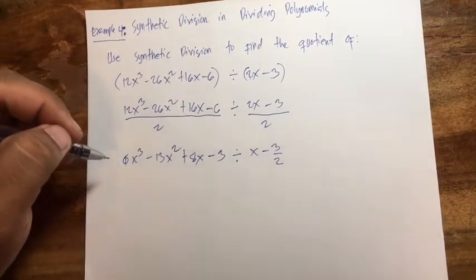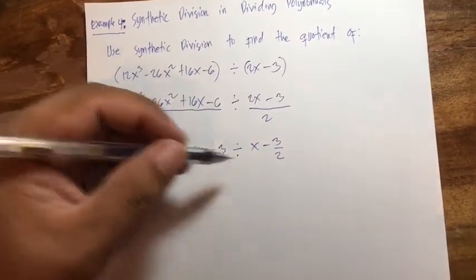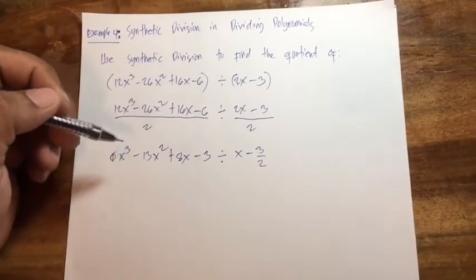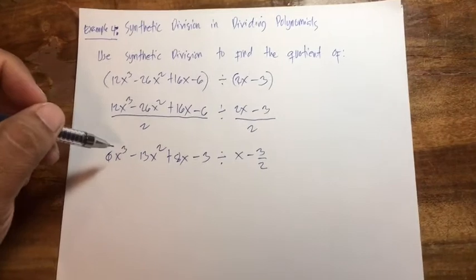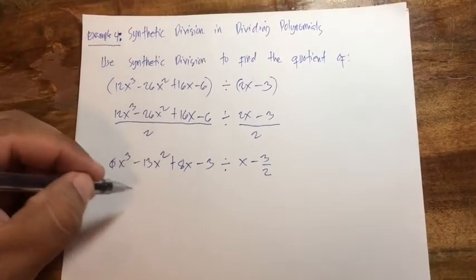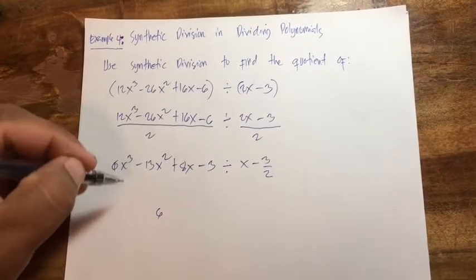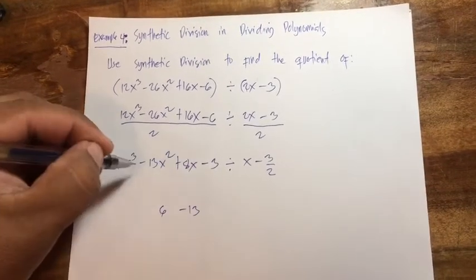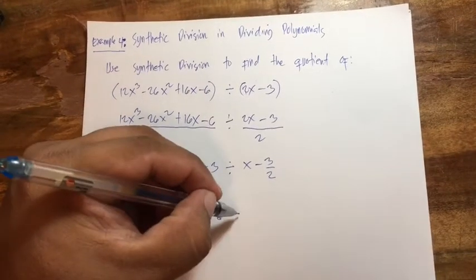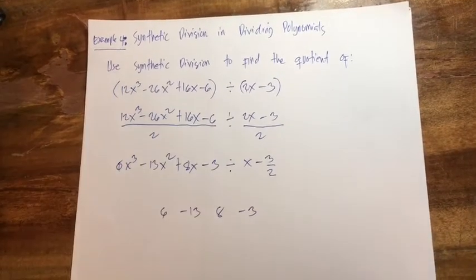So, with these expressions, I think we can start our synthetic division. Okay, I think all the descriptions are met. So, we can write 6, negative 13. After negative 13, we have 8, then negative 3.